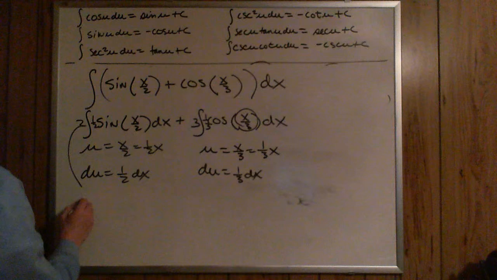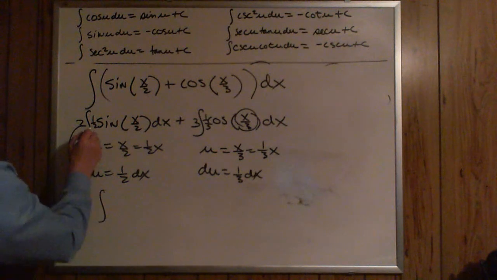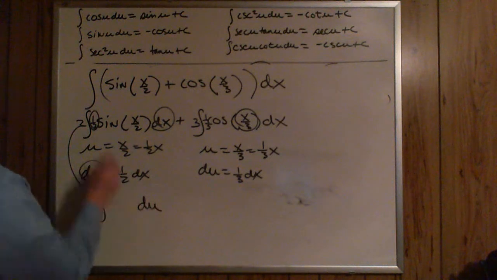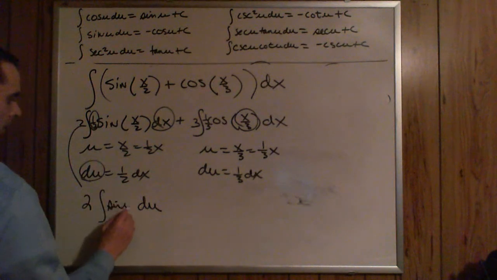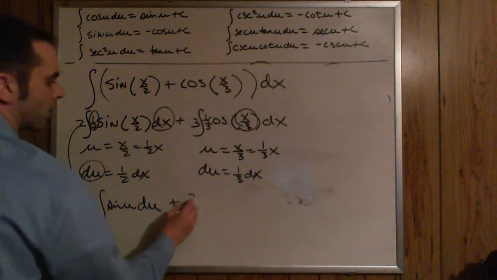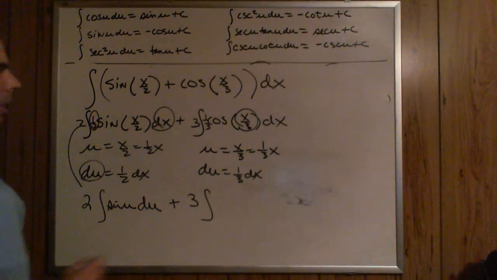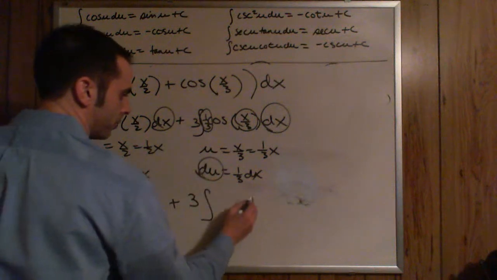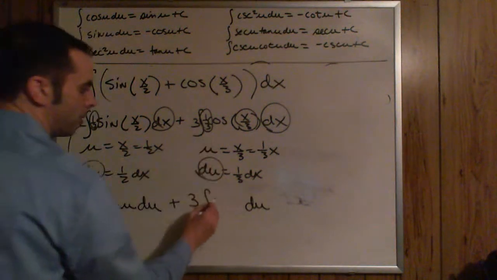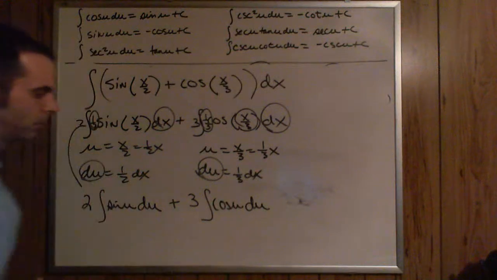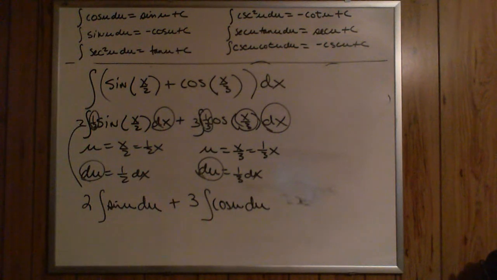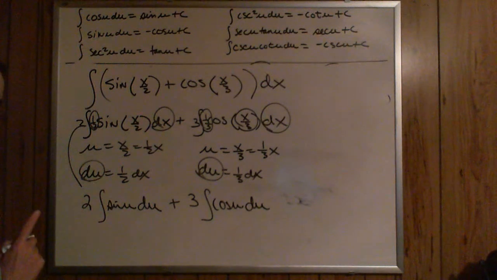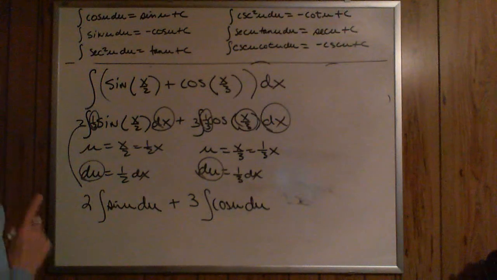So all of this will become 2 times the indefinite integral of this, and this will all become my du, times the sine of u, plus 3 times the indefinite integral of this and this together will become my du, and this will become the cosine u, indefinite integral of cosine u. So then the antiderivative of sine u is cosine u, but because the answer is a cofunction, it's negative.